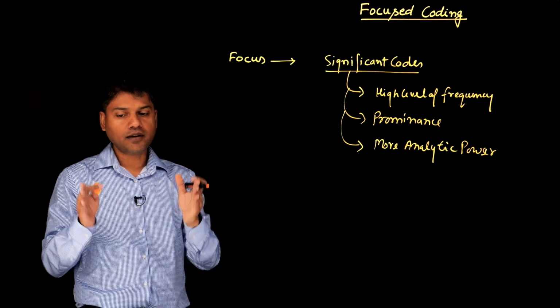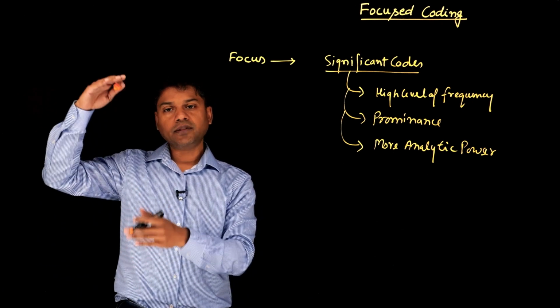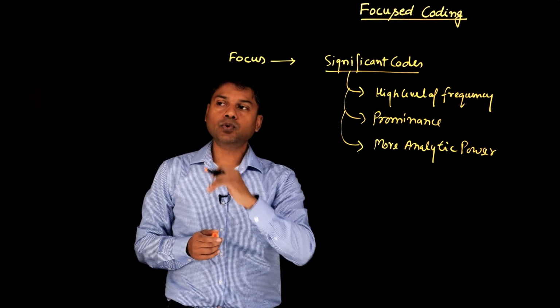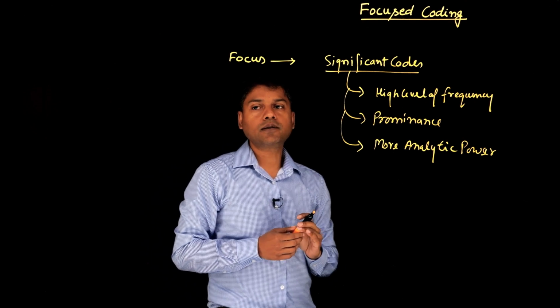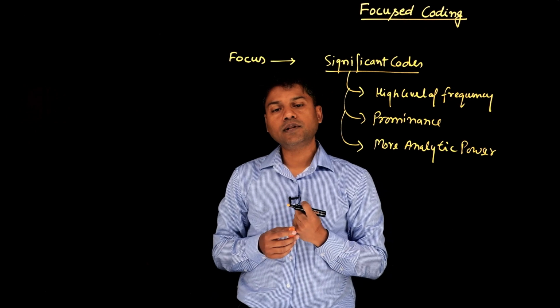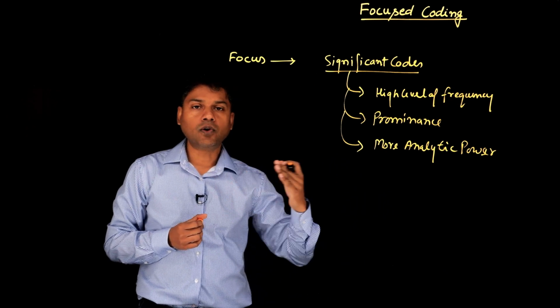You start with your initial cycle of coding data. You have, let's say, 20, 30, 40 initial codes. Then you make a list of these codes, look at all of them, and ask yourself: what are the codes that have more power? What are the codes that frequently appear across all participants?